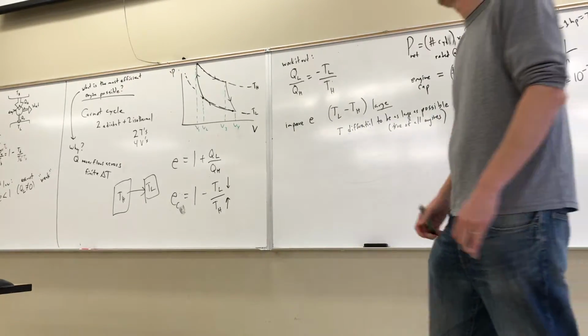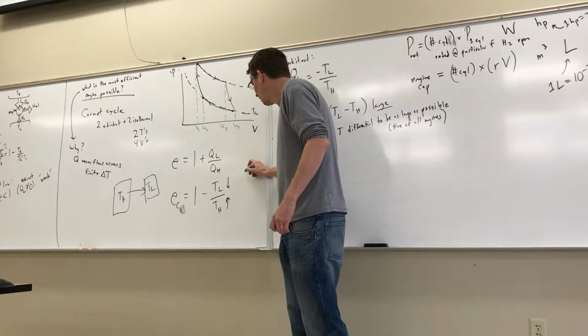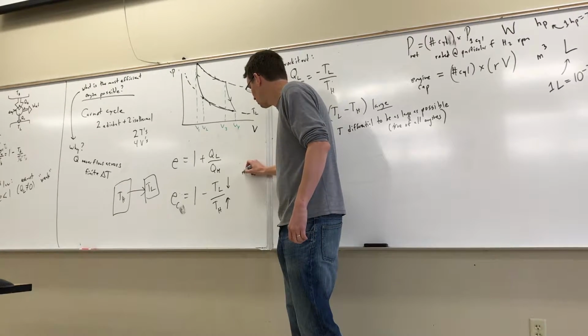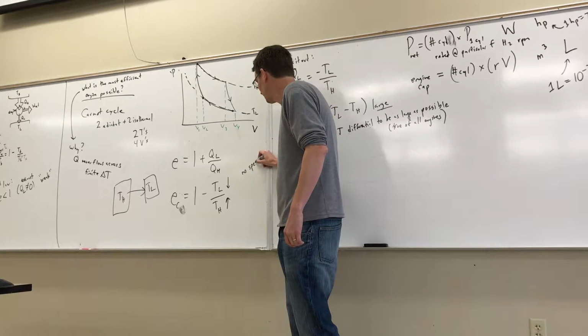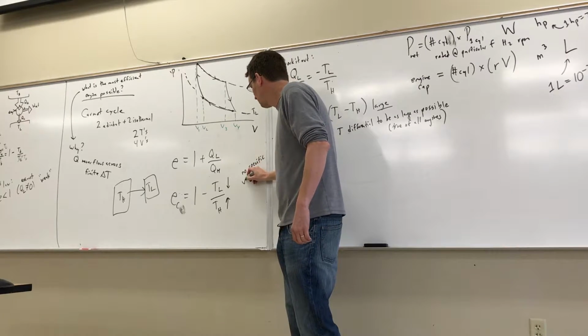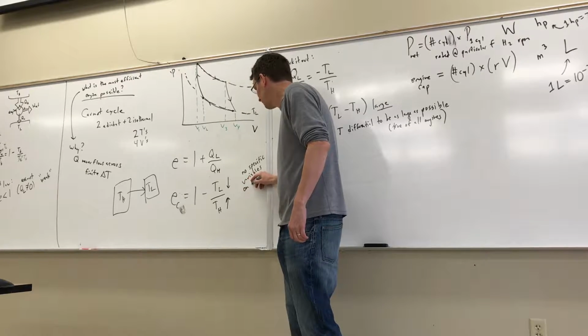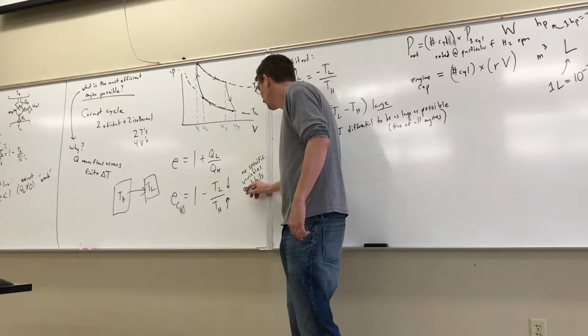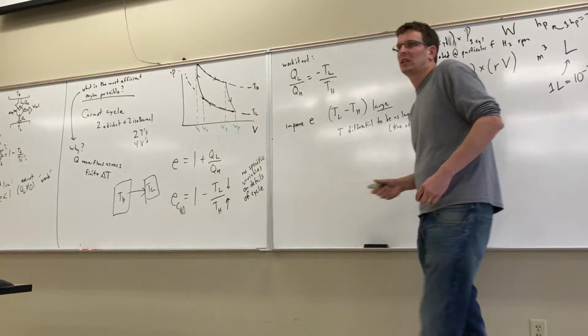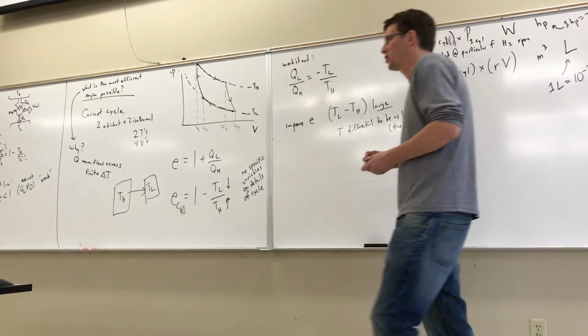So that hints at the universality. There are no specific variables on the details of the cycle. The only things in there are the temperature extremes.